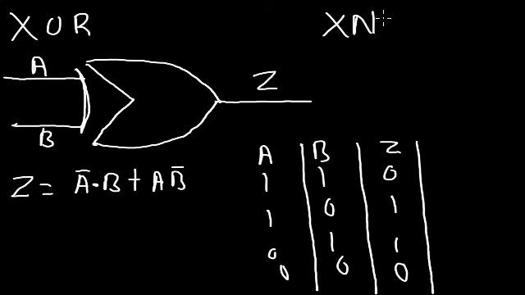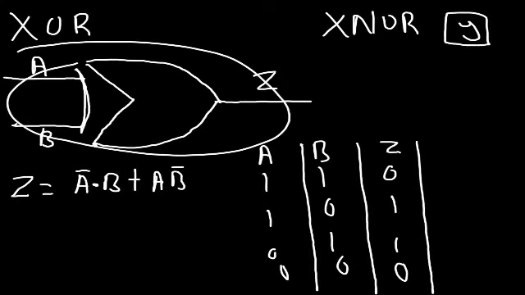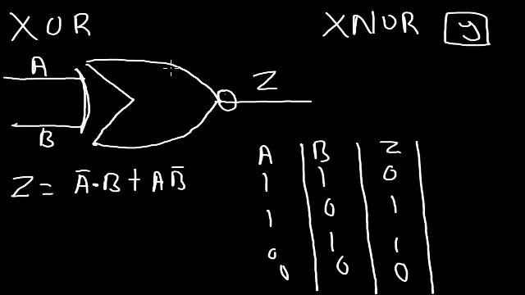If I have Y to be the outcome of the XNOR gate, first let me draw the visual illustration for you to see. That's going to be similar to this, but in this case, there will be a little circle showing that the outcome will be negated before it's produced.